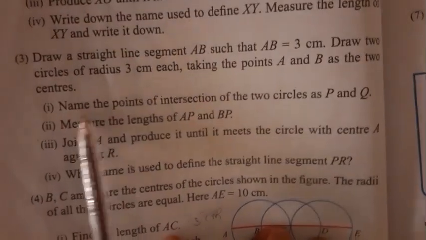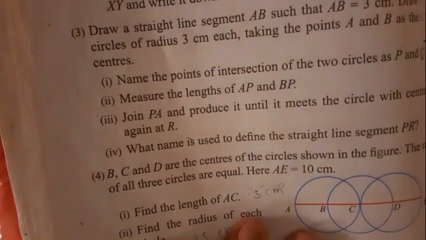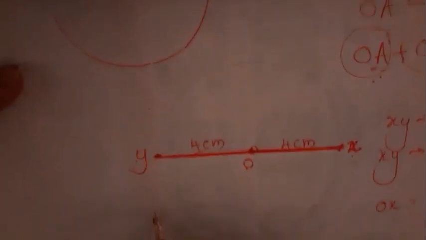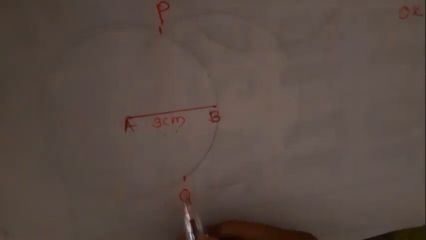Then name the points of intersection of the 2 circles as P and Q. Now you can see there are 2 places where they intersect. We marked them as P and Q, because both the circles cut here.